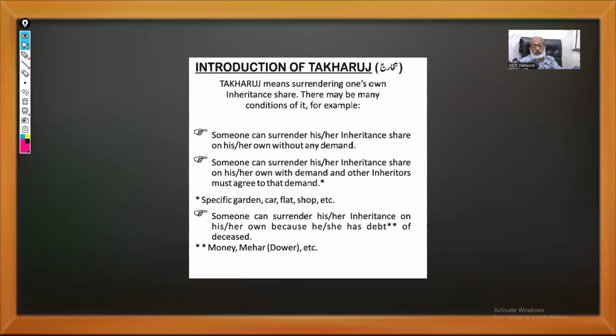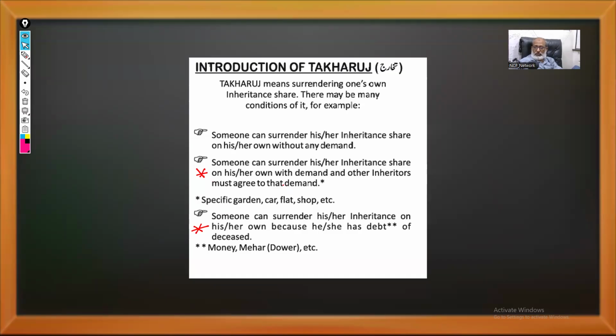If you go to multiple books of the Islamic law of succession, or Islamic Qanun-e-Warasat, you will find out only 2 options are there. This one and this one. In takharuj, lots of books say there is a condition: someone can surrender his or her inheritance share on his or her own with a demand, and other inheritors must agree to that demand.